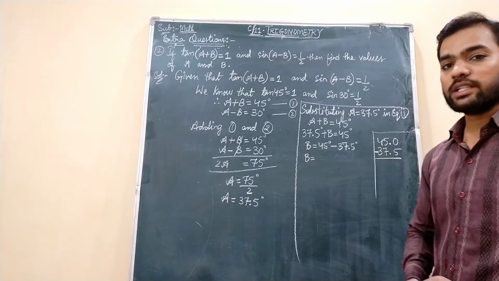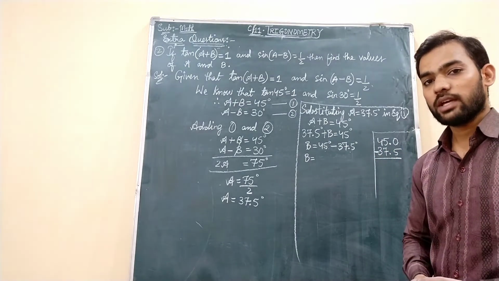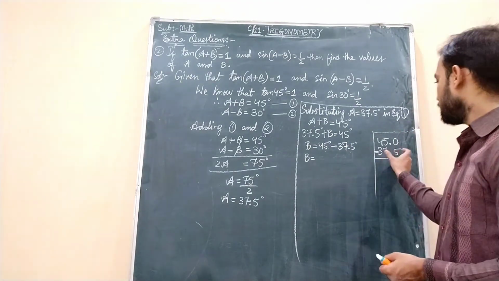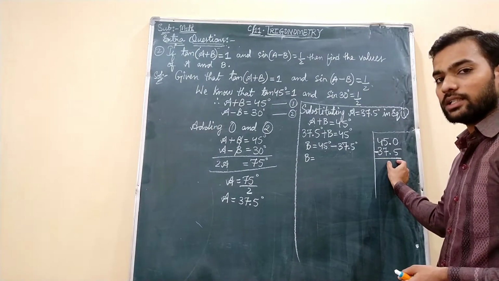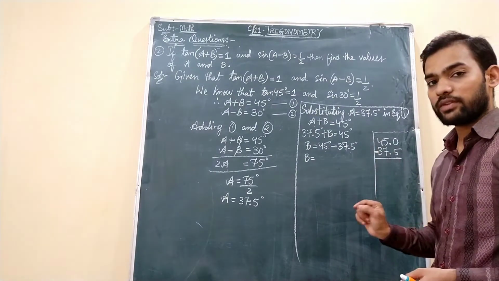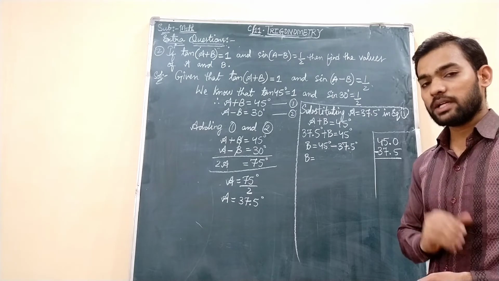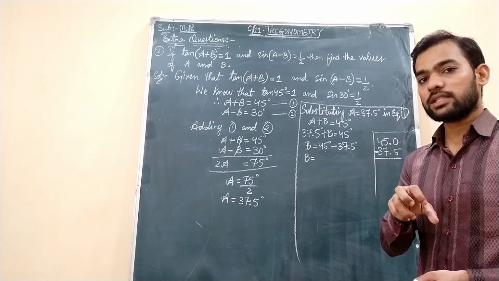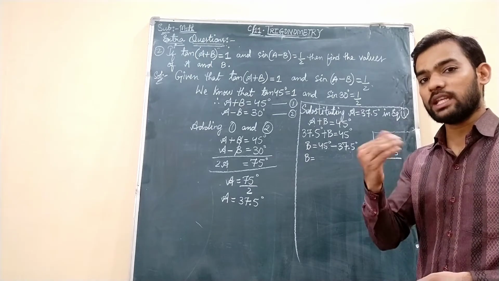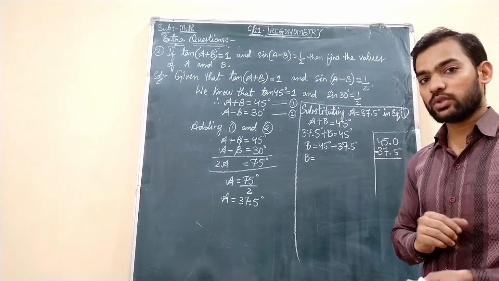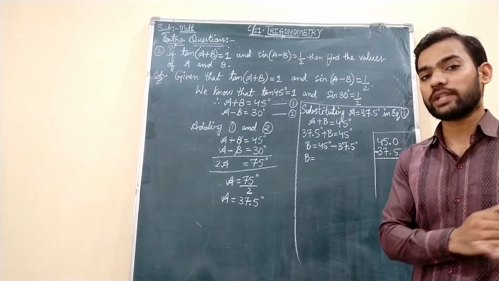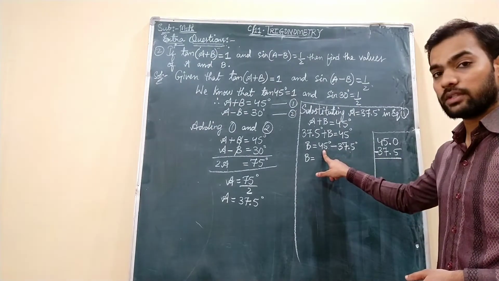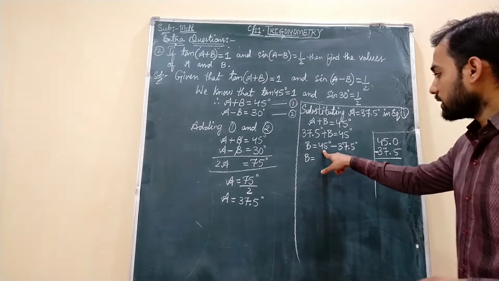In a hurry, what students will do, they will write 37.5 at top and 45 they will write below. So when they write it just below, then it no longer remains 45, it will become 4.5. So remember that whenever you are adding or subtracting two numbers, if any one number has a point, you need to make sure that both the numbers have a point.